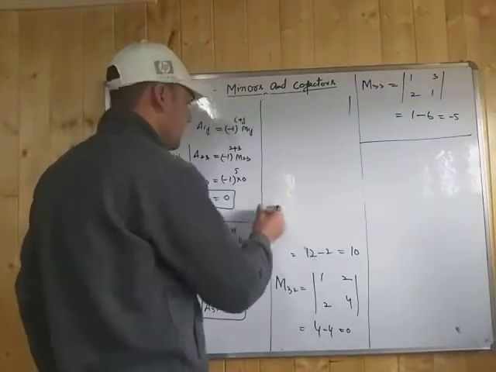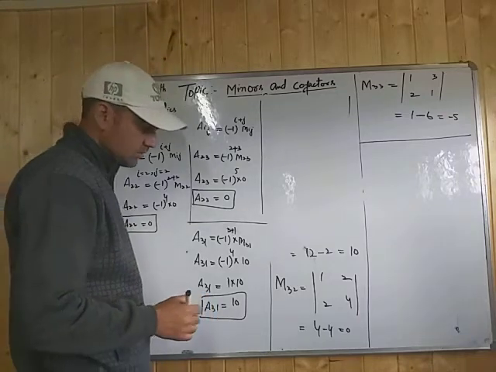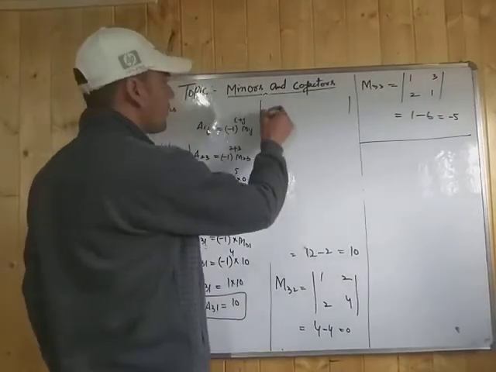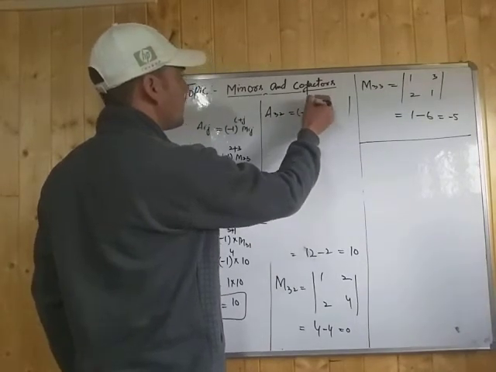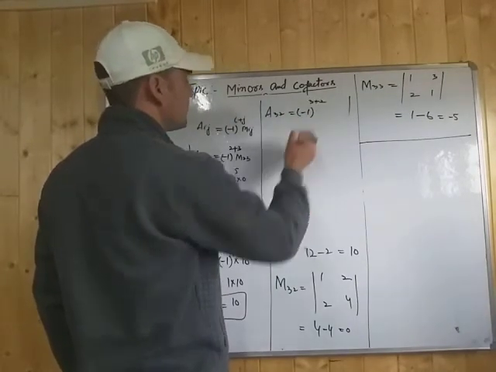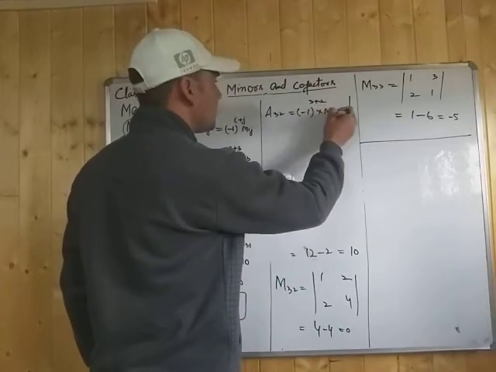तो नेक्स्ट हम निकालेंगे यहां पर A32 that is equal to minus 1 raised to power 3 plus 2 into M32.